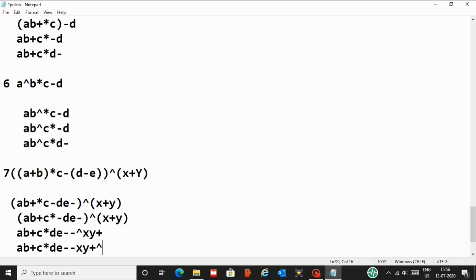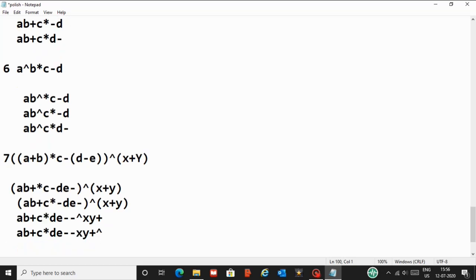So this is my resultant postfix expression for the infix expression in the seventh question.